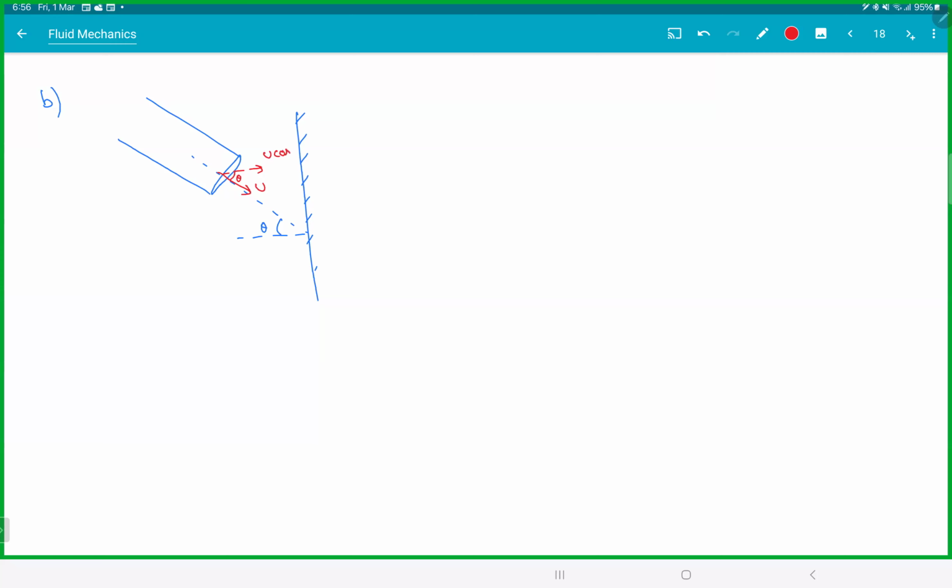So this is u cos theta, and this is u sin theta. So the change in momentum will be 2 times rho a dx, that is a mass, 2 m v cos theta. Agreed? Only the horizontal component changes, the vertical component doesn't change. So force will be dp by dt.